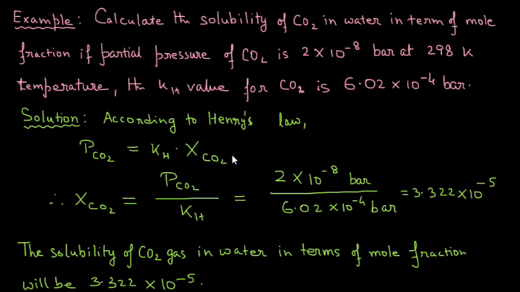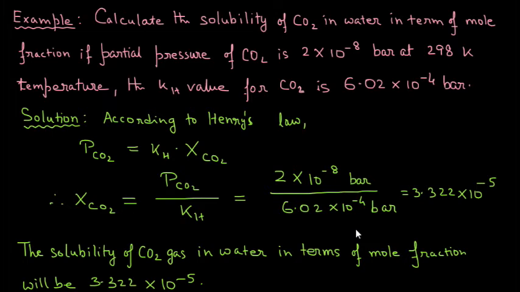So according to Henry's law, partial pressure of CO2 is equal to KH multiplied by mole fraction. So X CO2 is equal to P CO2 upon KH. Just put the values given in the question: 2 into 10 to the power minus 8 upon 6.02 multiplied by 10 to the power minus 4 bar.